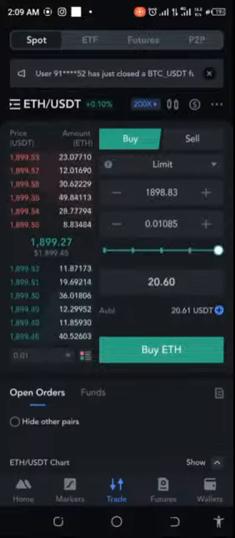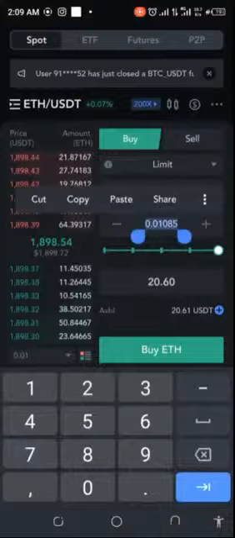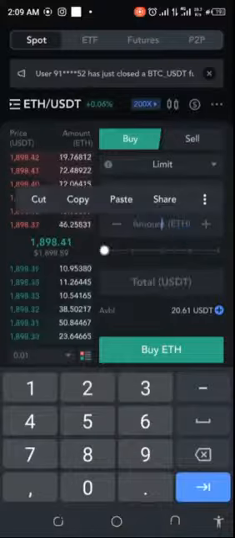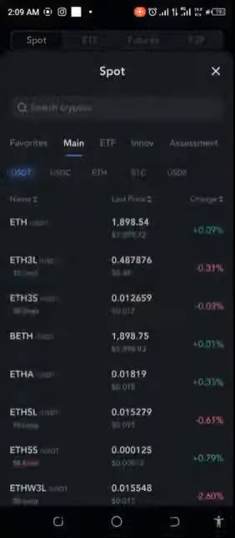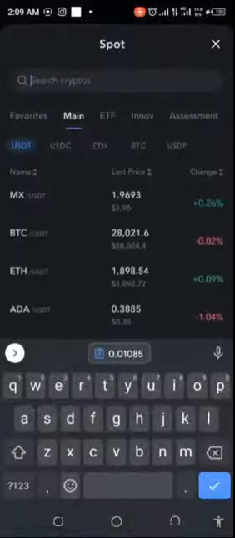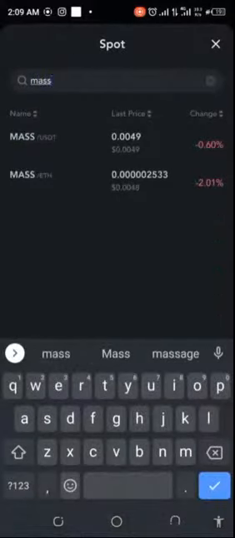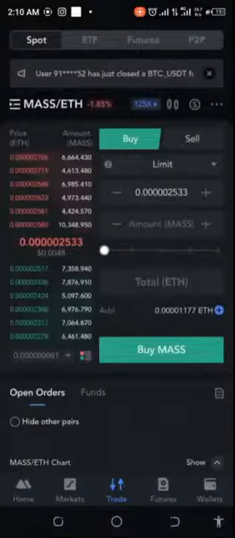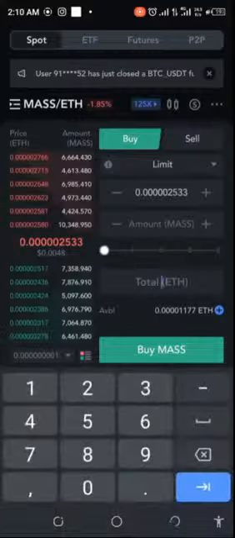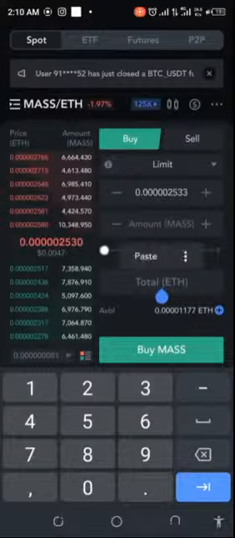It just picked up 20.60. That's fine. So let's just copy that, and then cut it, whichever one you want, and then go over to MASS/ETH, because ETH happens to be the lower pair, right? So then we'll go over and paste this in the ETH segment. Let's paste that here.